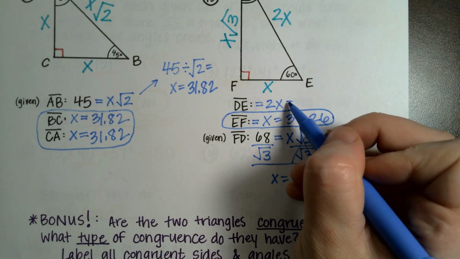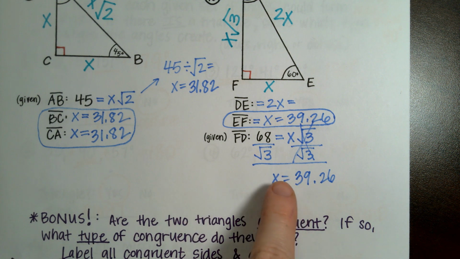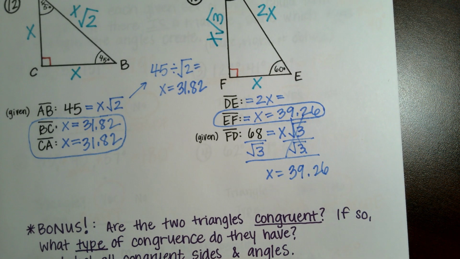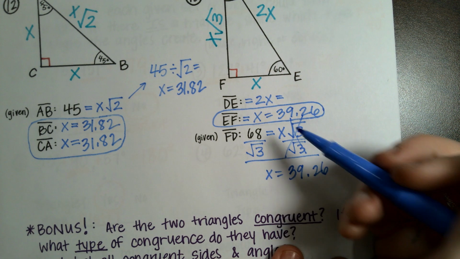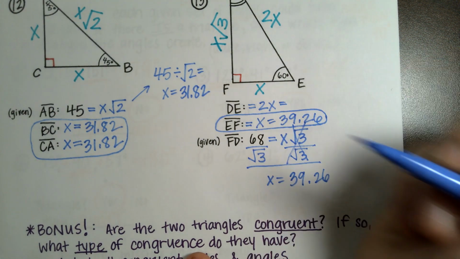And how would we find the last side? So you would pick 2x equals 39.26, and then you would divide it. So we already know what x is. We don't need to solve for x. Yeah. You just put it in parentheses. Yes, we're just gonna plug x into 2x.